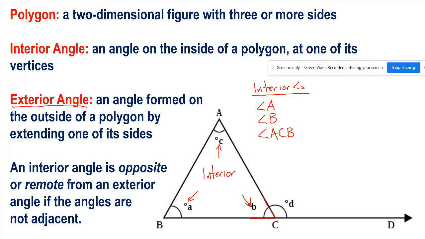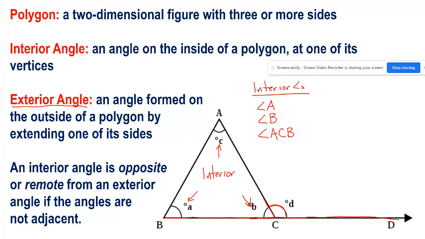So exterior angles, like the name suggests, are angles on the outside of a shape. And the way you get these is by extending one of the sides. So on our triangle, if you take side BC here on the bottom, and you just extend it out in one direction, then you create this angle on the outside.